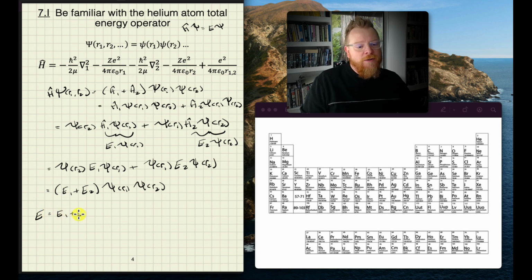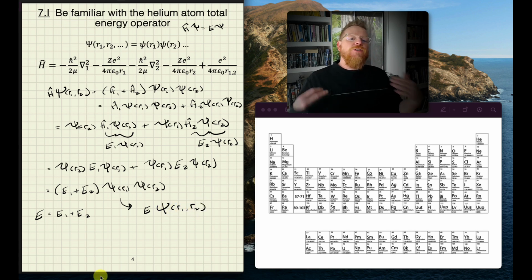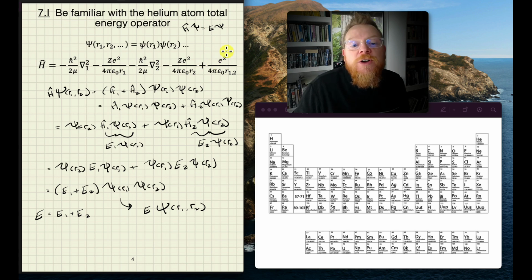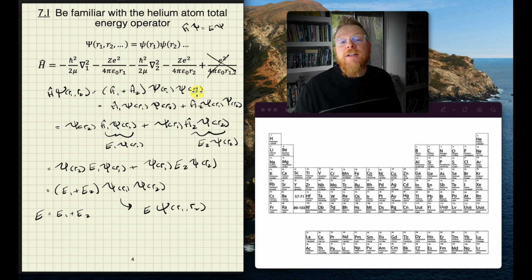E1 plus E2 equals the total energy. Then we know this whole thing just becomes E times big psi R1 R2. So if we could ignore this electron-electron interaction term, we would have a solvable two-electron wave function.